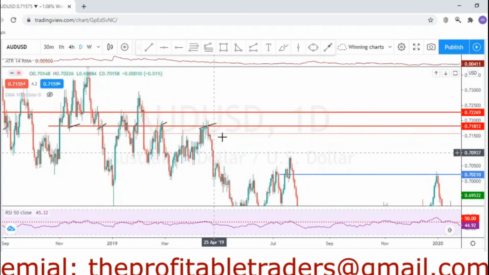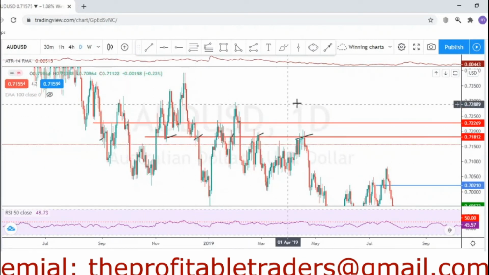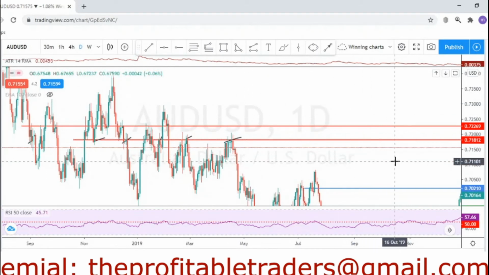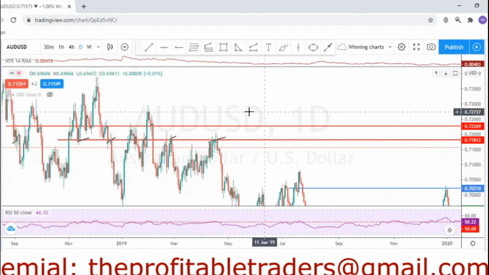So this is a key level of structure that has been tested here as resistance, support, and here is support here. And I put this as a zone, guys, so this level should not be treated as a level, should be treated as a zone.